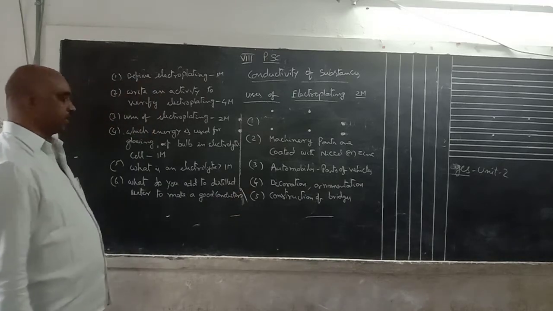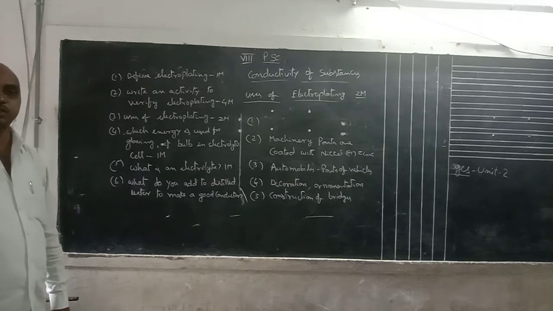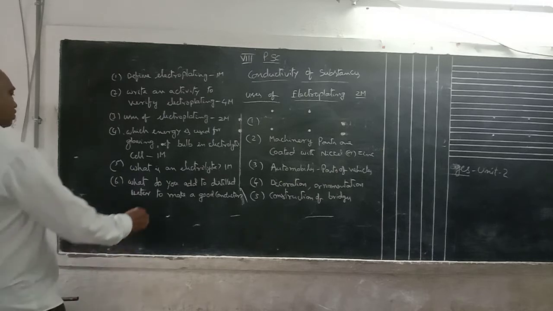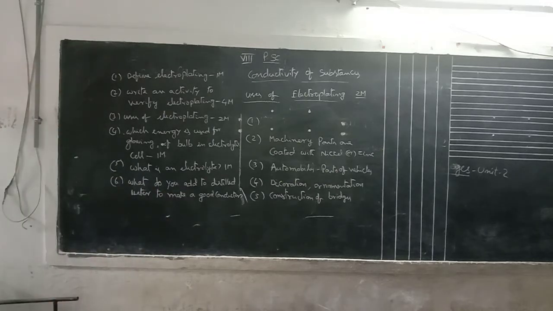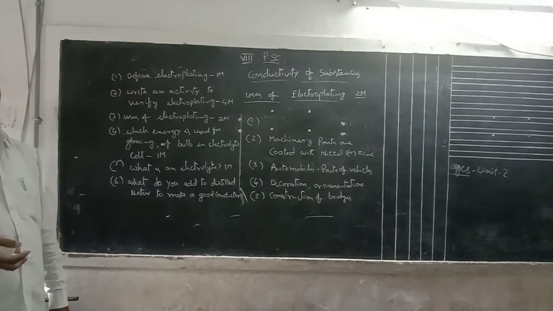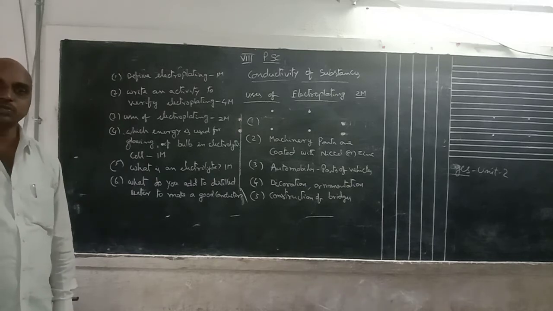Suppose distilled water is there. Distilled water is a poor conductor. It is a non-electrolyte, which means electricity does not pass through it, because there is no formation of ions in distilled water. How to make it an electrolyte? By adding any acid, base, impurity or minerals, the distilled water will become a good conductor, or electrolyte.